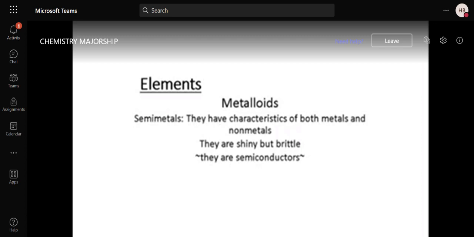Alright. So, third group, we have the metalloids. Okay, kung ang metals ay conductors of electricity, ang non-metals ay insulators. Ito naman si metalloid nasa gitna. Kaya kung napansin nyo, siya ay may property na semiconductor. So, your metalloids are actually very important in our electronic age.